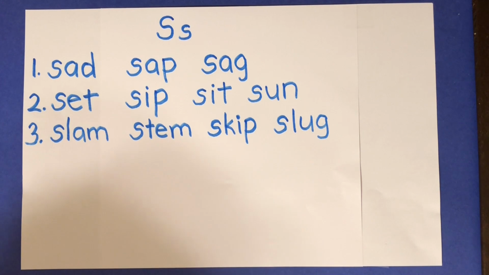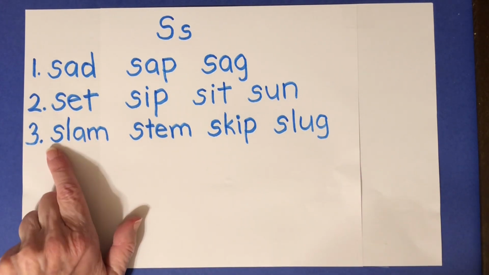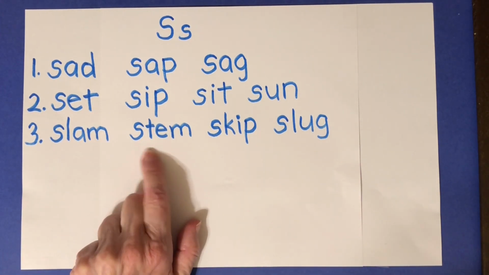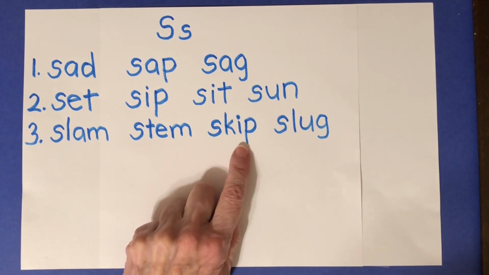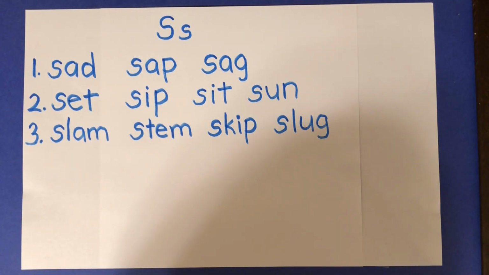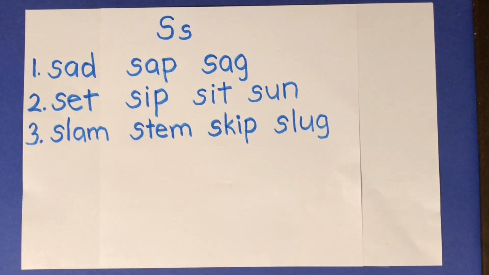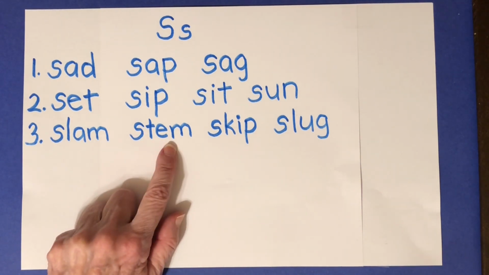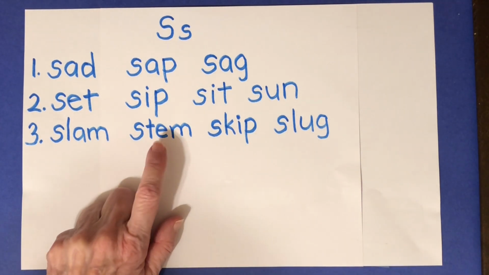Okay, so in these words, let's read them all. Slam, stem, skip, slug. Which word has the Jen the hen sound in the middle? Yes, stem. Good for you.